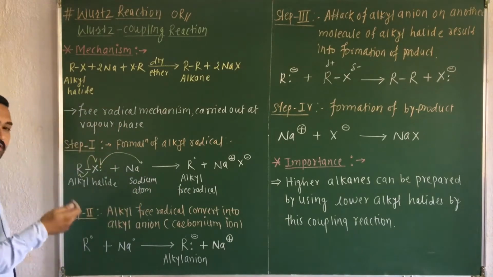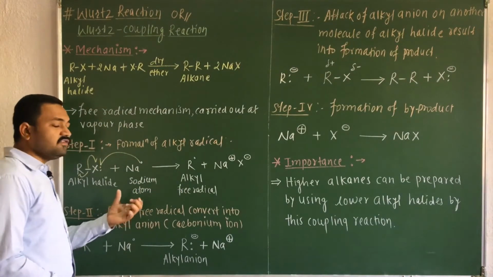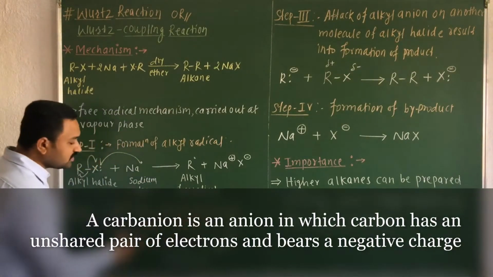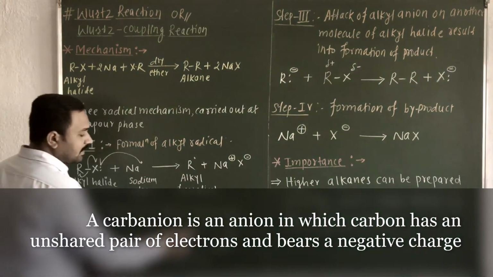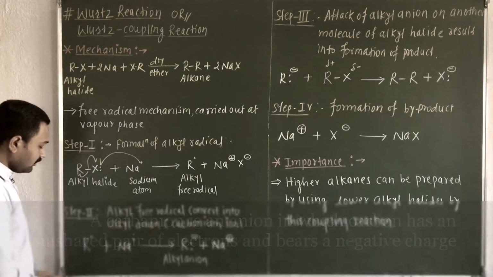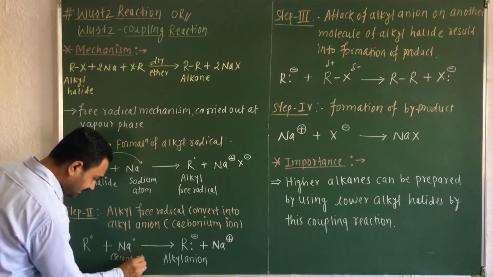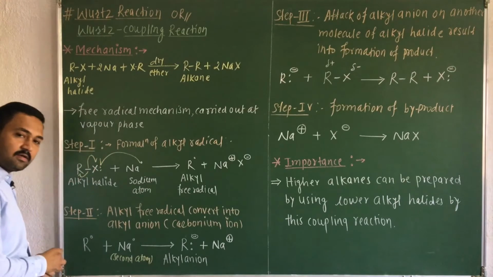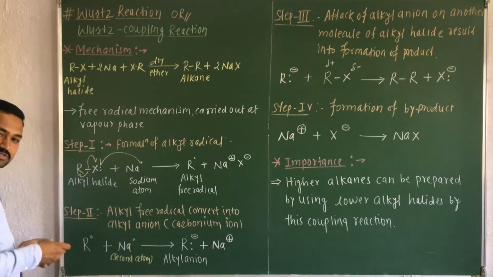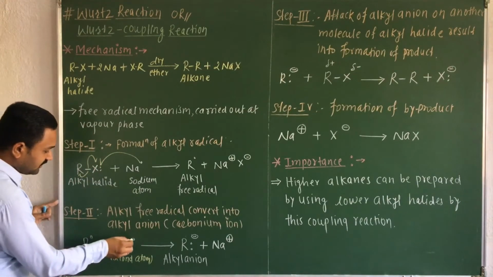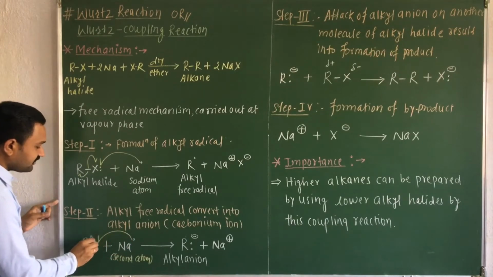Now in the second step, this alkyl free radical converts into the alkyl anion, which is generally known as a carbanion. Now here, remember, this is the second atom of sodium. This second atom of sodium loses its one electron to the alkyl free radical.